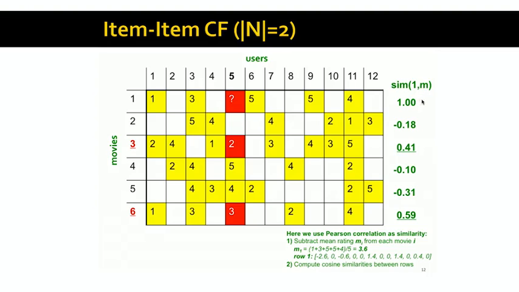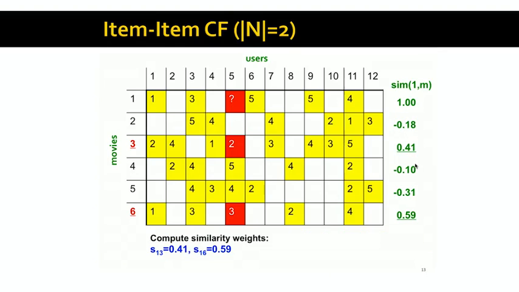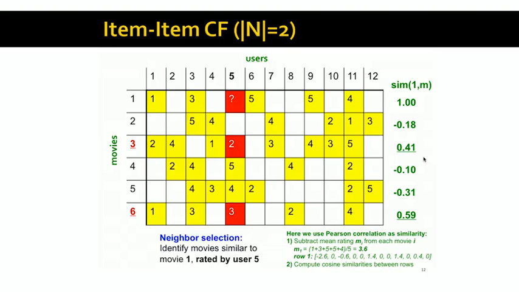Movie 1 is, of course, 1.0. Movie 2 is somewhat dissimilar to movie 1, and so on. This vector lists the centered cosine distances of all the different movies with respect to movie 1.